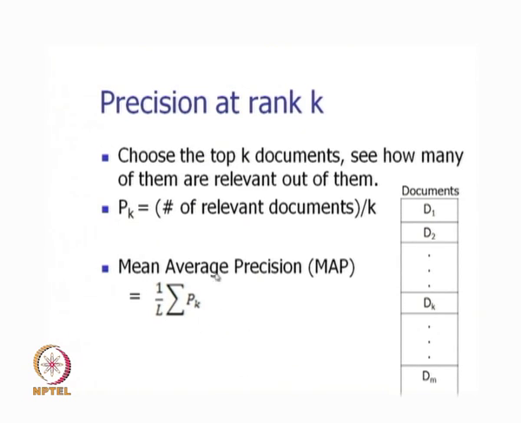Okay. And we do it for many different queries. The average precision values of different queries are taken, and when we take the average of these average precision values, we get the mean average precision. So, the MAP value is a very important parameter for calculating the effectiveness of the search system.